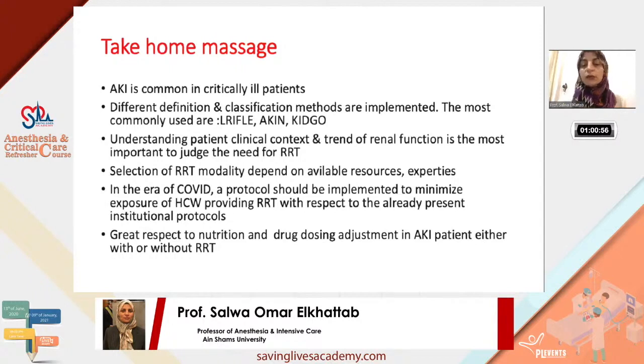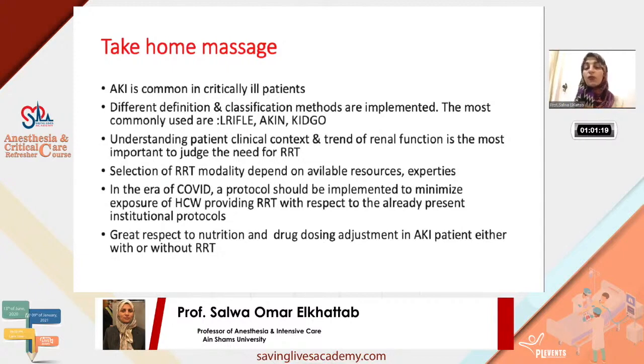You have to tell what definition you are using. You have to understand the patient's clinical context and the trends of his laboratory and clinical data, so you can tell when he or she will need renal replacement therapy or when to continue your conservative measures.